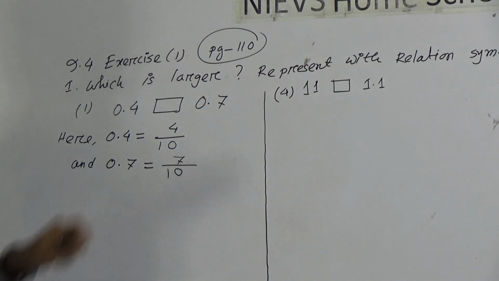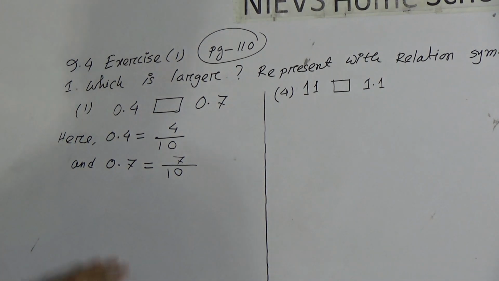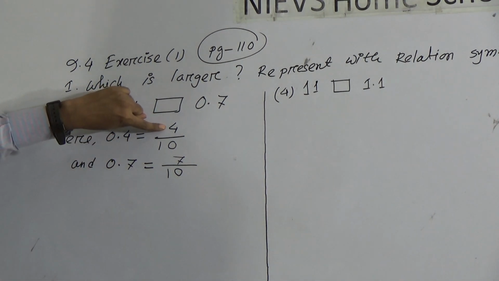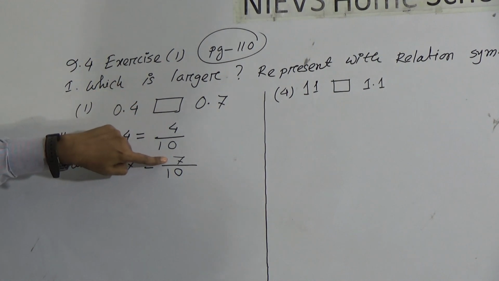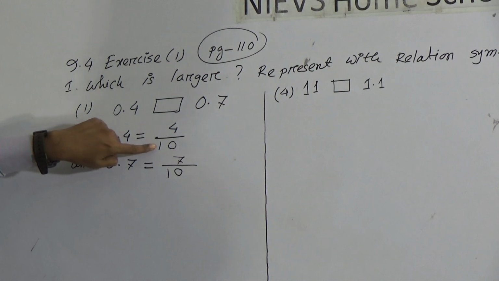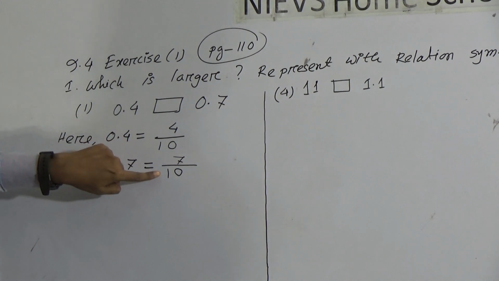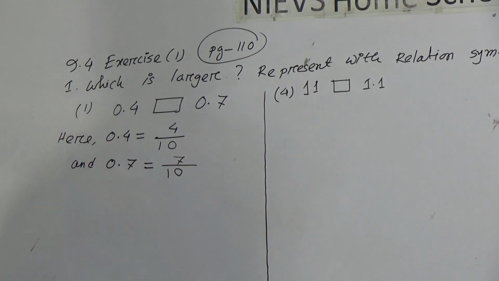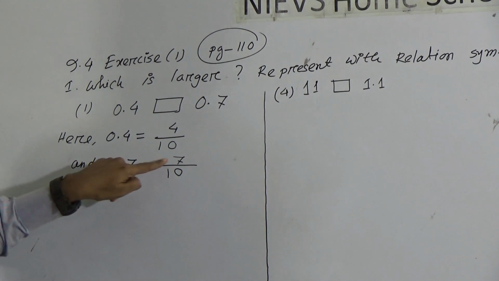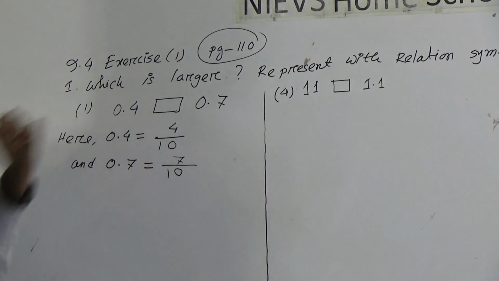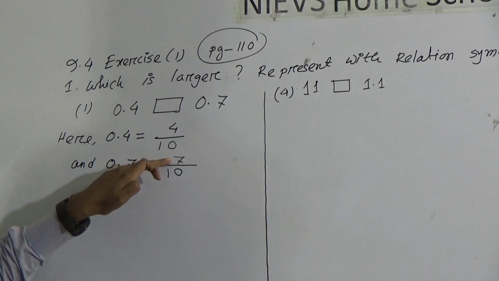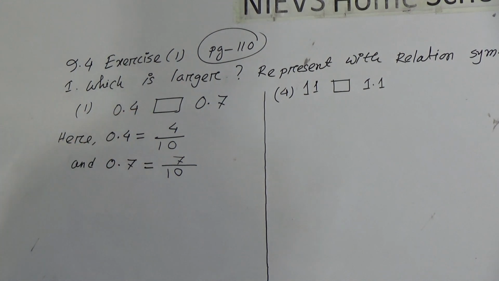Now we have to identify which one is larger. Here 4 is the numerator, here 7 is the numerator, but 10 is the denominator and 10 is the denominator. So which one is the larger? You see 7 is larger than 4.